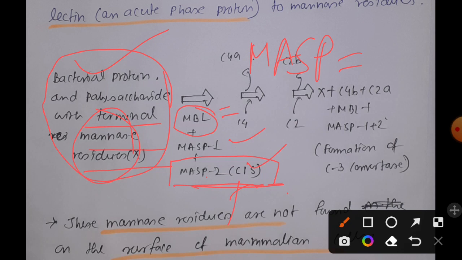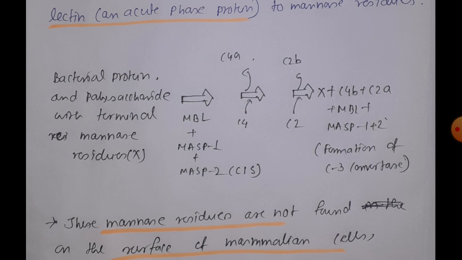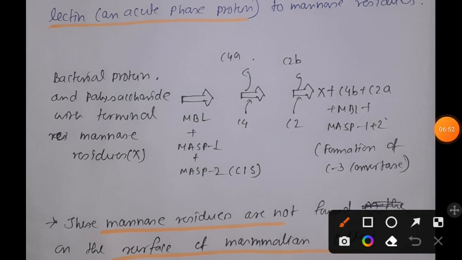So MASP1 and MASP2, mainly MASP2, will cleave C4 and C2 and activate them, because we have talked about how complement proteins are usually in a proenzyme or zymogen form, and they can be activated by proteolytic enzymes. So here the proteolytic enzymes are MASP1 and MASP2.